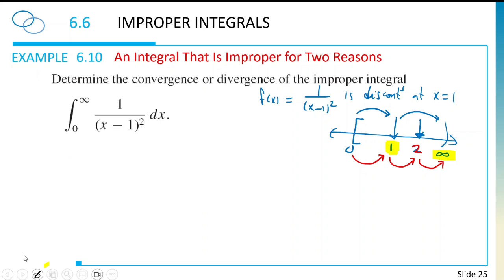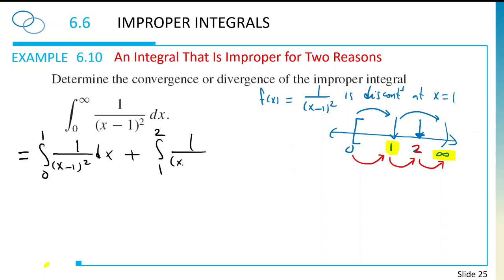So now this question equals what? I'll take the integration, and that's why it's good to have the number line. From 0 to 1, 1 over (x minus 1) squared dx. Then I continue from 1 to 2, and then finally from 2 to infinity.